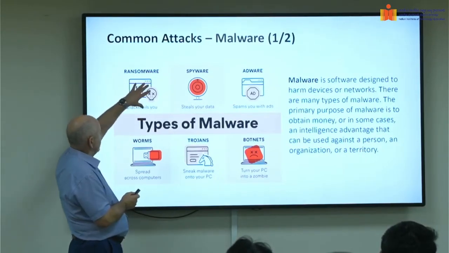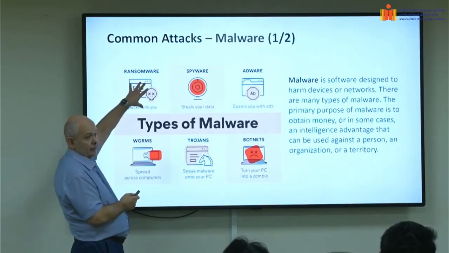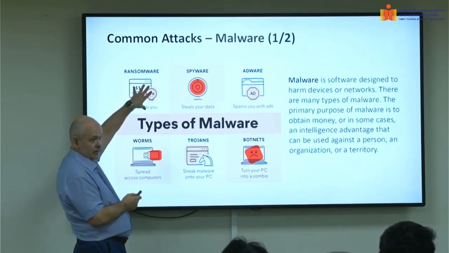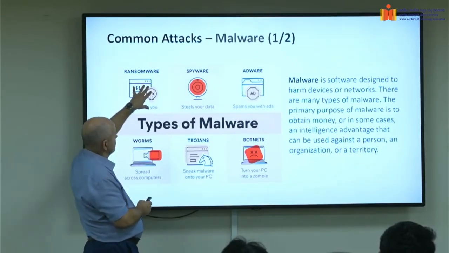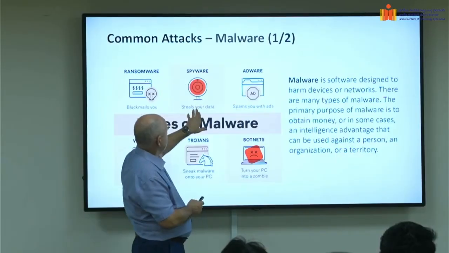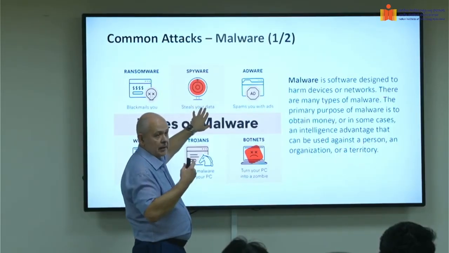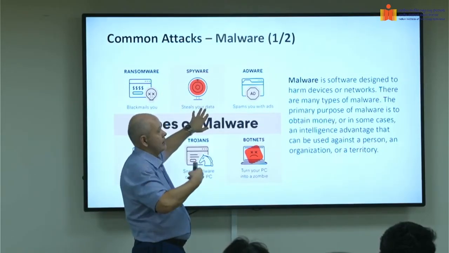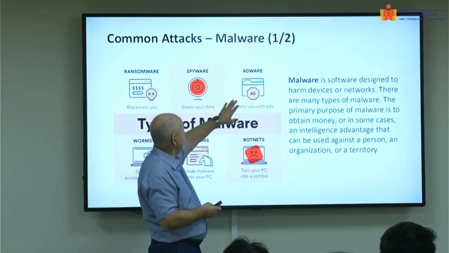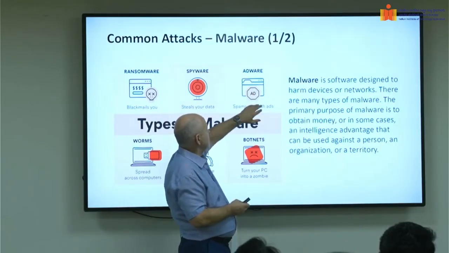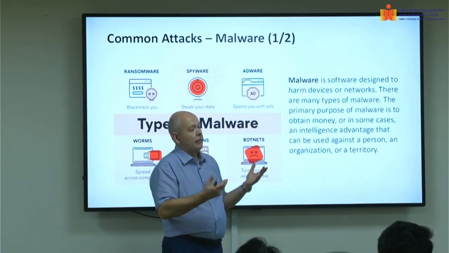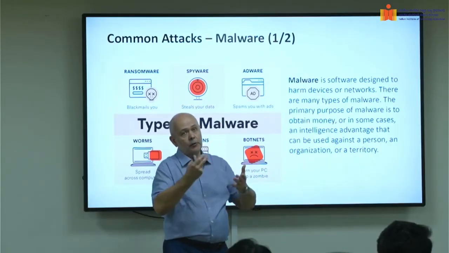So this is very simple. Ransomware tries to encrypt your data and get money, for example. Spyware steals your data and gets important information. Adware, we see a lot of these programs on the internet.